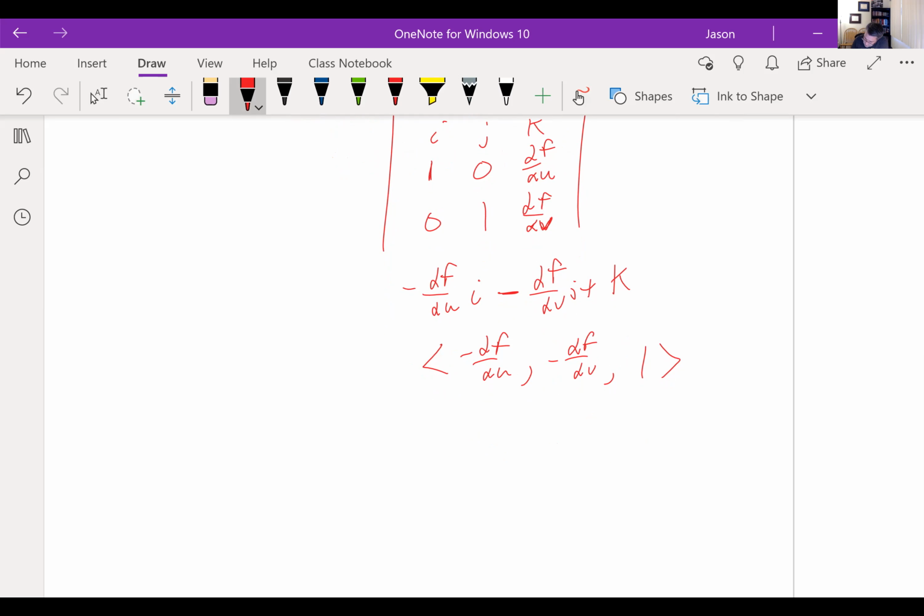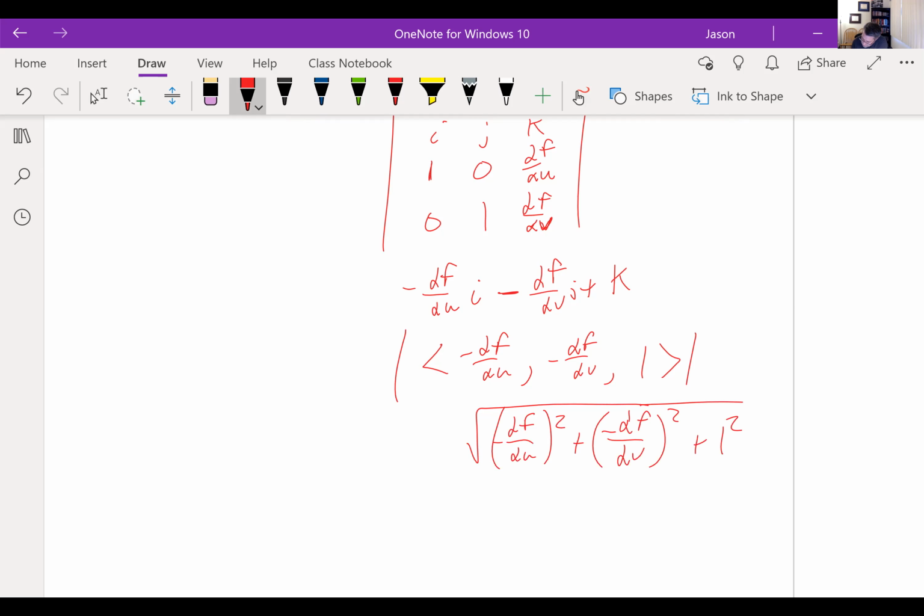So the magnitude of this three-dimensional vector is going to be the square root of negative df du squared plus negative df dv squared plus 1 squared. Okay, so that's the magnitude of that vector.